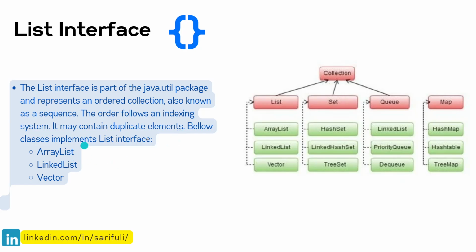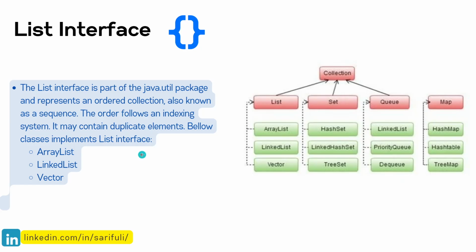Here are the implementing classes of the list interface, because list, as I said, is an interface. It means the methods that come with the list interface don't have a body. So this is the definition of an interface. It's a special class. I hope that you all know about it.